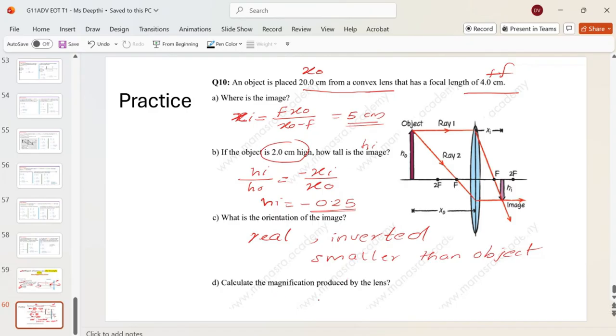Okay. Now, calculate the magnification. Magnification M is equal to, you can use any of the properties, minus xi over xo or hi over ho.